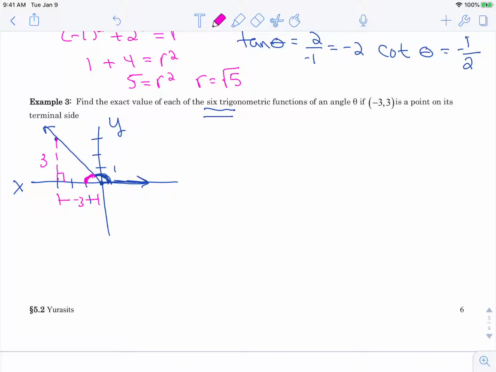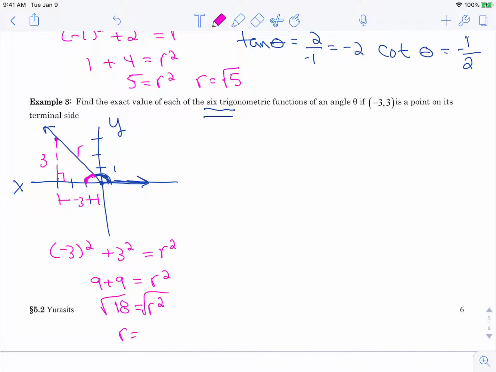And this value is 3. And I don't know my hypotenuse. It's not a square yet. It's just r. So negative 3 squared plus 3 squared equals r squared. 9 plus 9 equals r squared. 18. Got to take the square root.